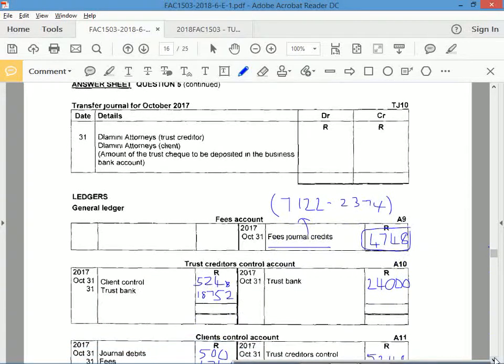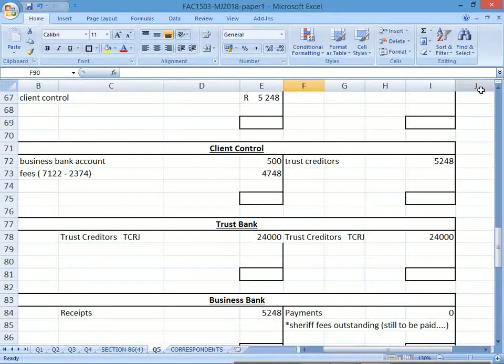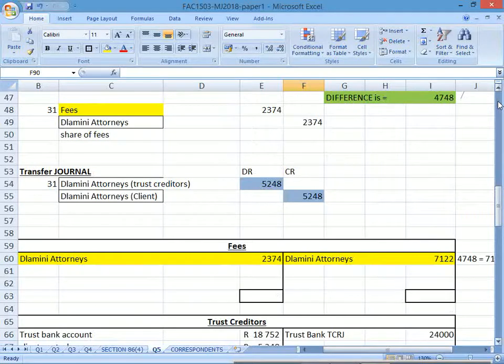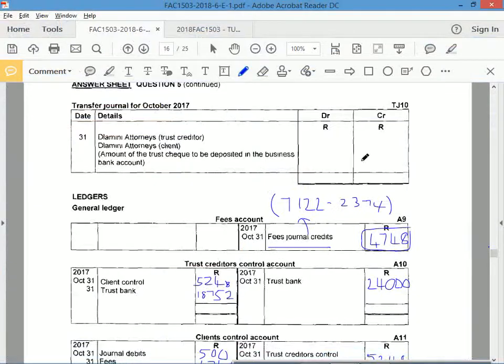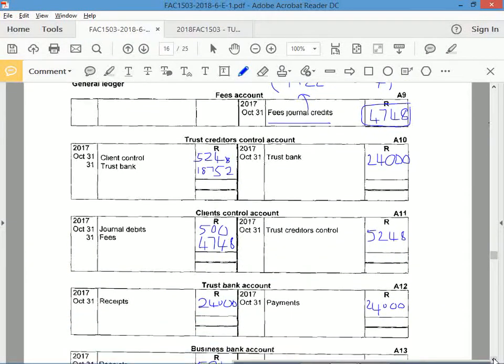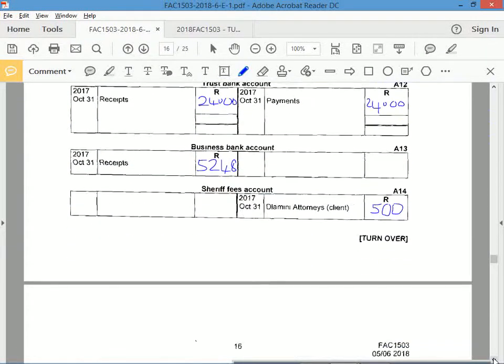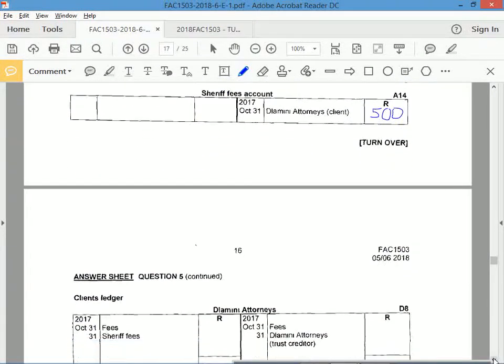Yes. The transfer journal, I think I left blank here. Let's get it from above. Transfer journal 5248. So 5248. Okay, so that I've completed, that I've completed, that I've completed. Business bank I've completed, share fees I've completed.